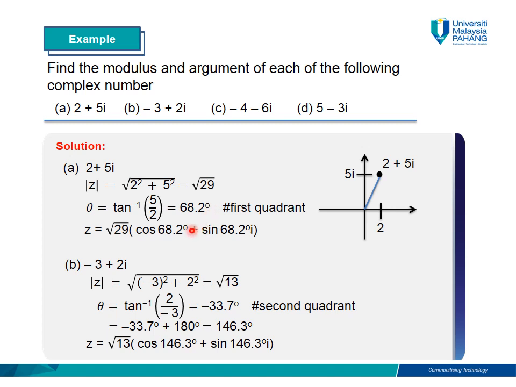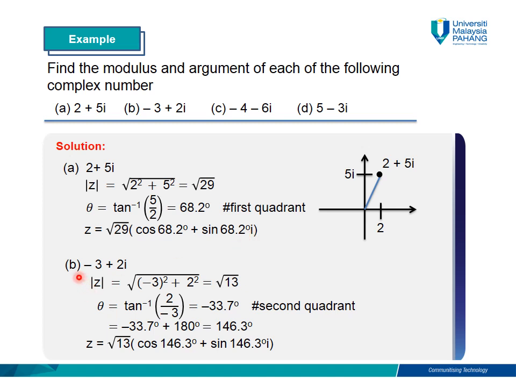Then we put it into the complex number, so z equals r, where modulus z is r, r cos theta plus sin theta i. Don't forget we have i here.